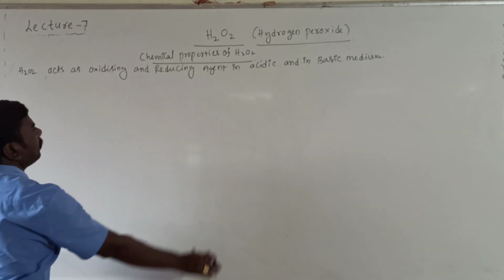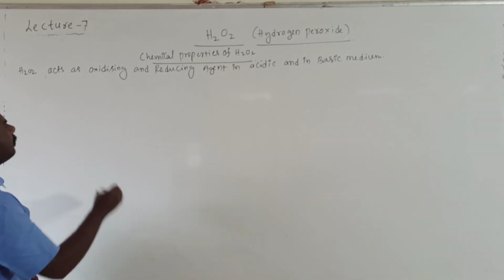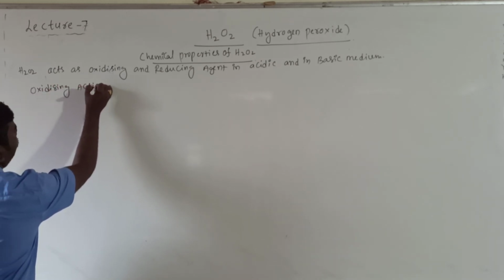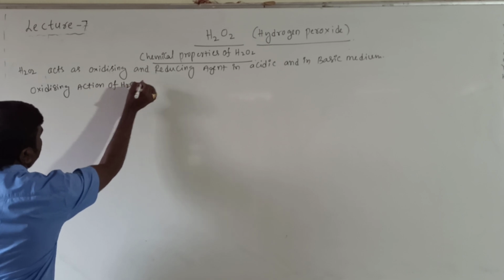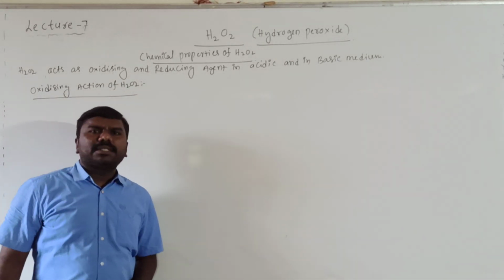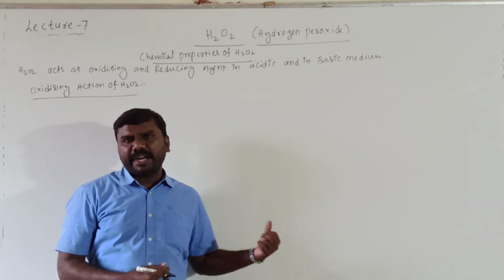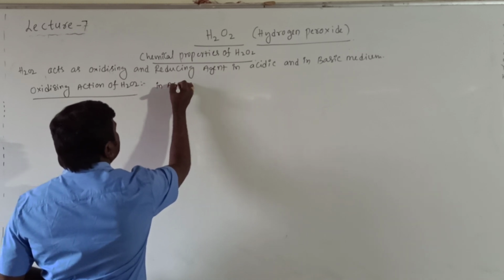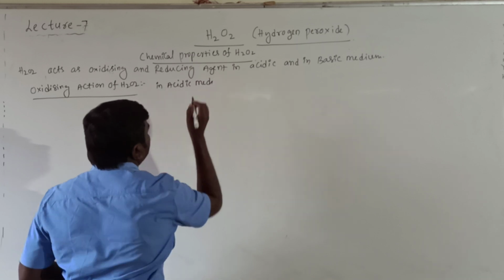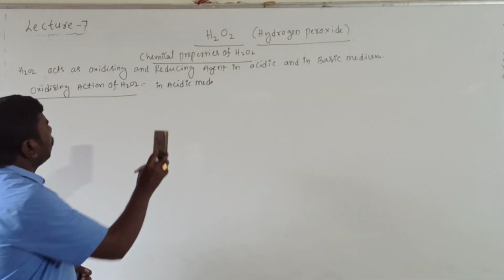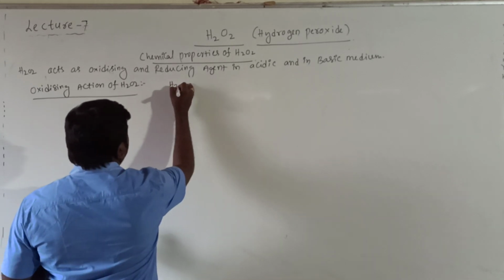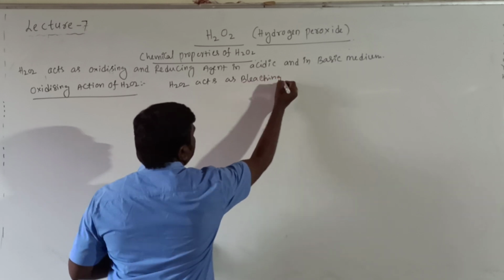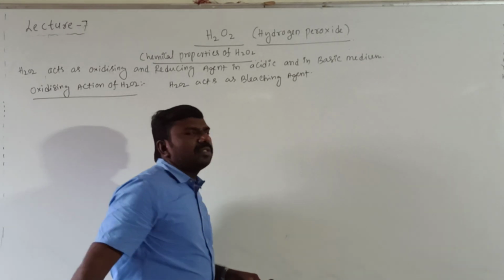Now, the oxidizing action of H2O2, also written as the oxidizing properties of H2O2. First we will discuss acidic medium. Before going to this, H2O2 acts as a bleaching agent, especially in schools and colleges.